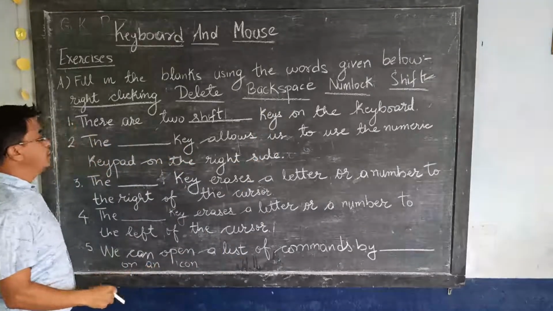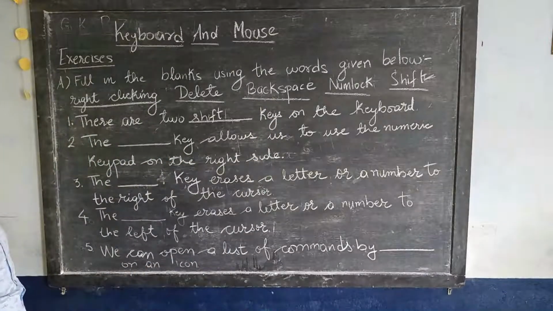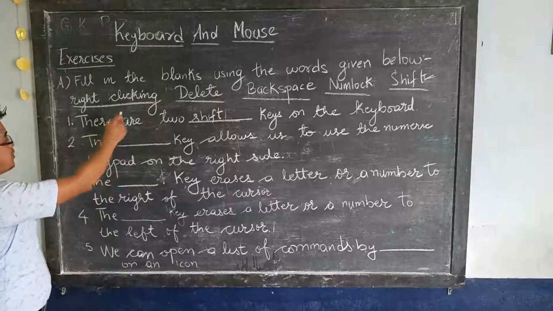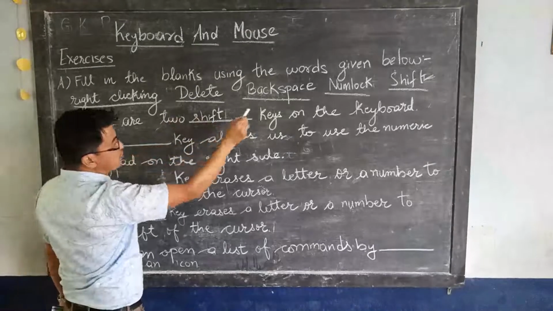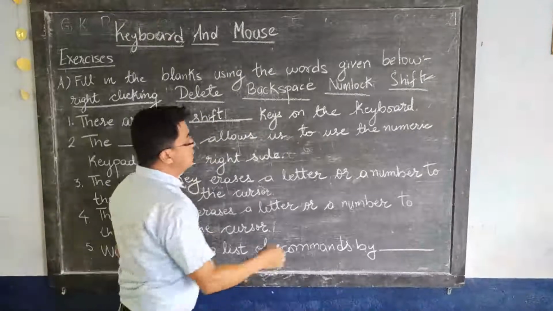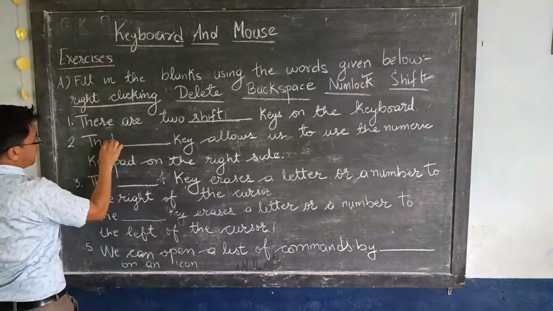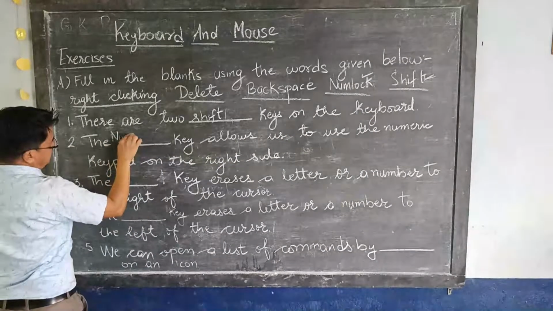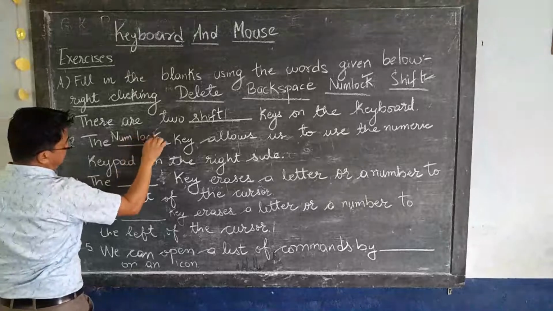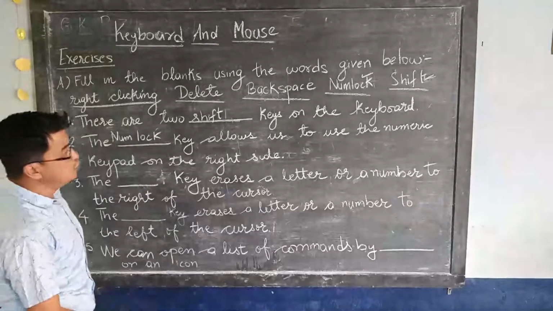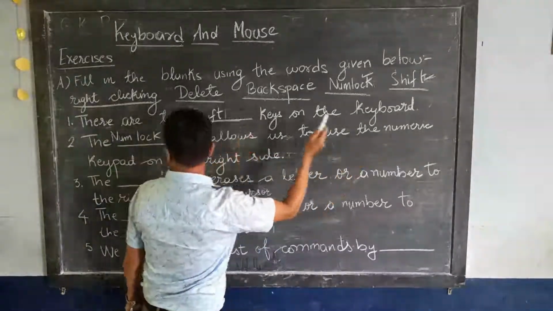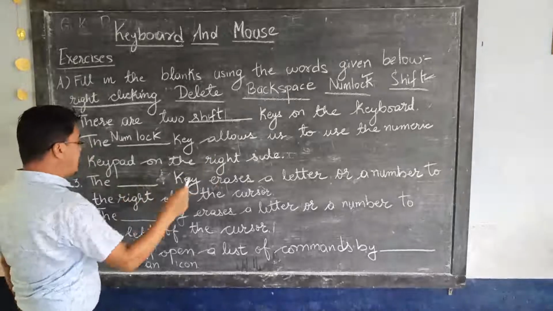Is it right clicking, delete, backspace, or num lock? It is num lock key. So here, num lock key allows us to use the numeric keypad on the right side.